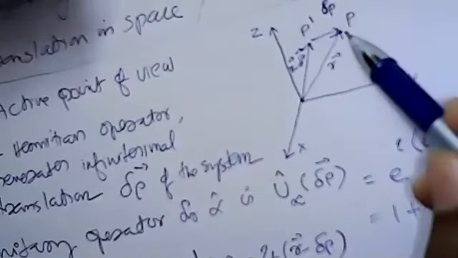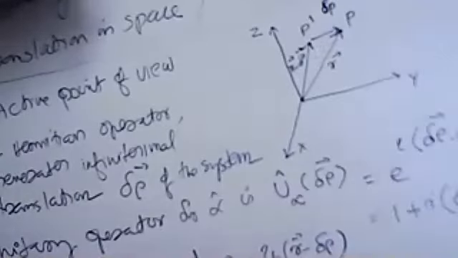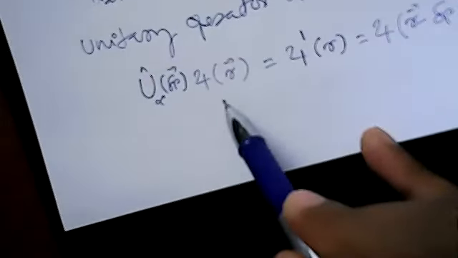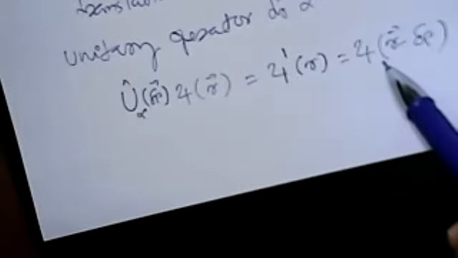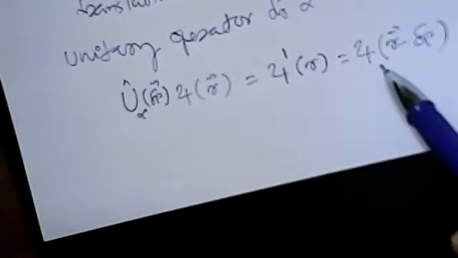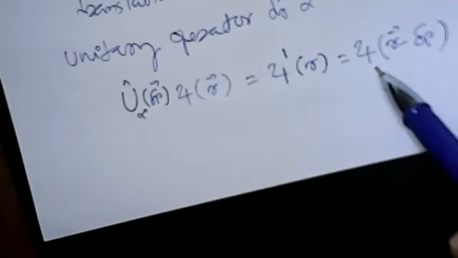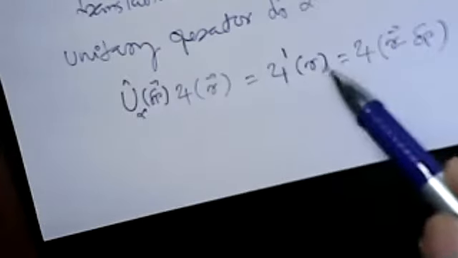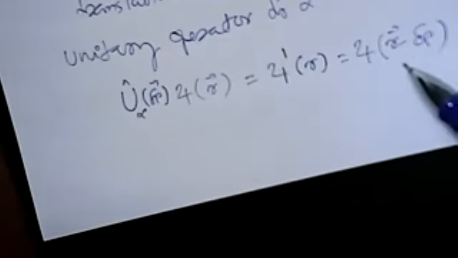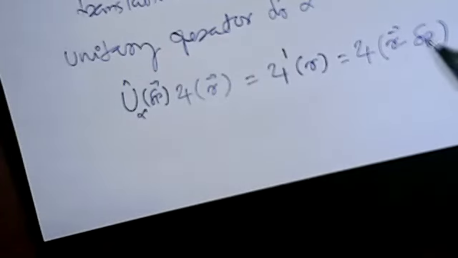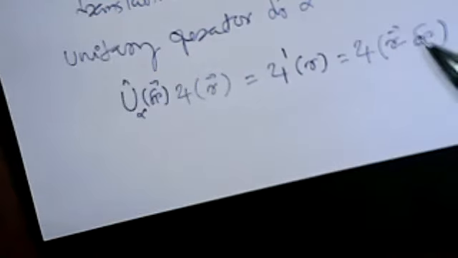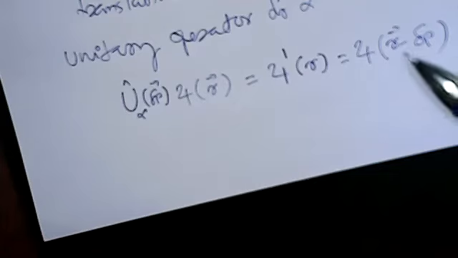So this equation is written in such a way that this is initial and this is final. Anyhow, you can take it either way, no problem. So U is acting on psi of r, and you get the final wave function. Or you can take it in the reverse way also, no problem. Is that clear?